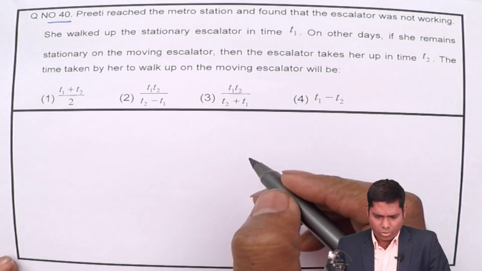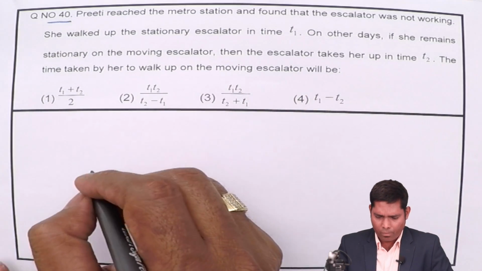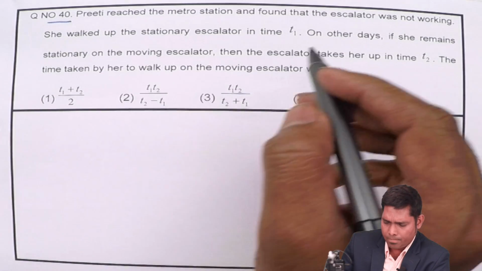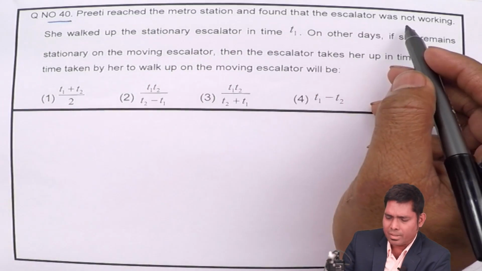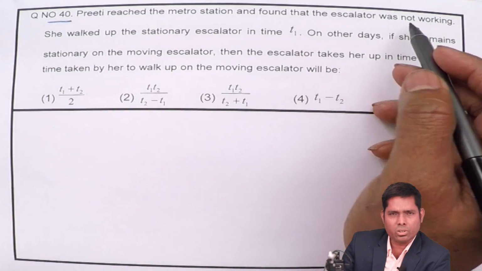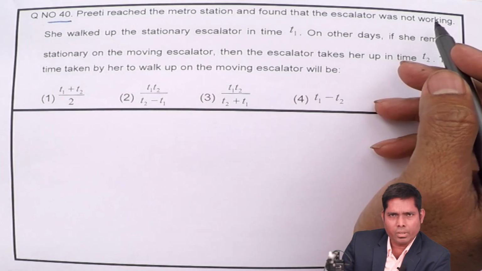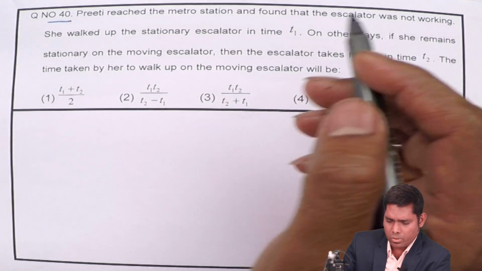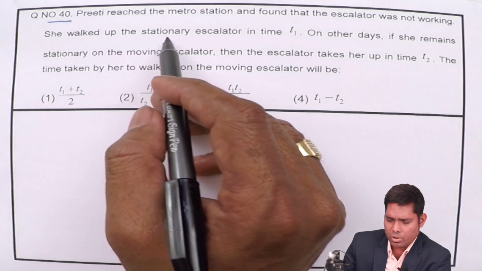That means, firstly, the information given is when the escalator is not working, it is stationary. We can take that to be ground. She walked up the stationary escalator.